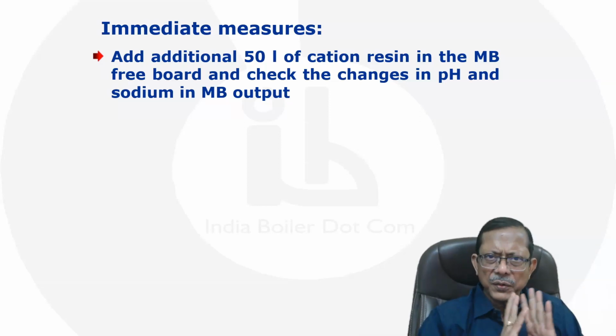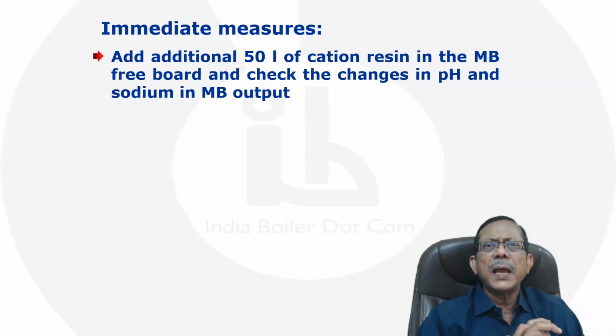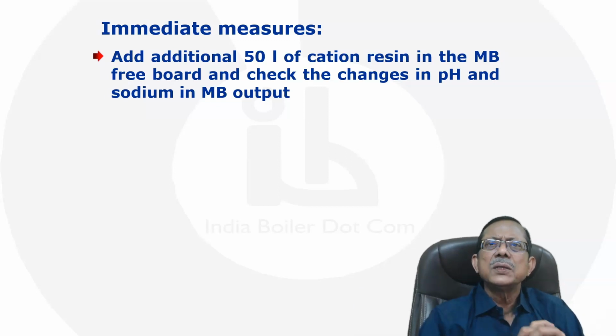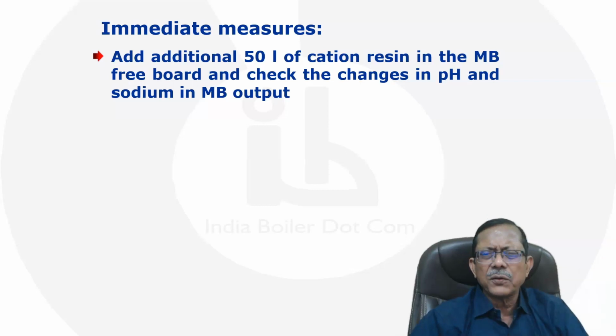I asked them to review the cationic regeneration, and because the MB outlet is coming on the higher side, I asked them to top up the cation resin in their mixed bed exchanger by 50 liters and see whether they get any change in the pH or not. They later corrected the ion exchange process, and they could manage to get the pH to the required level of 6.87.